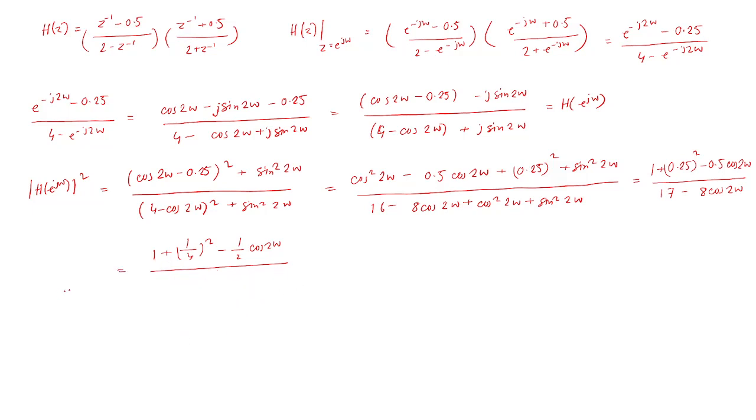It should remain as it is: 17 minus 8 cos 2 omega. Here it actually becomes 17 by 16 minus half cos 2 omega, which can be written by taking 1 by 16 common.